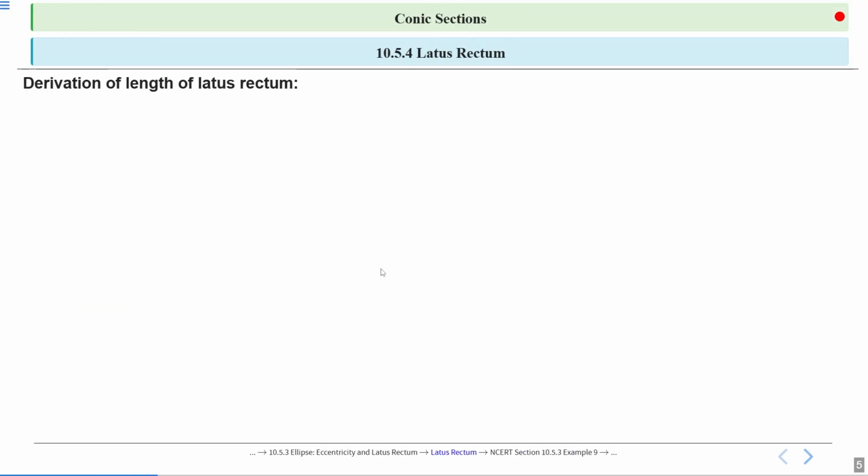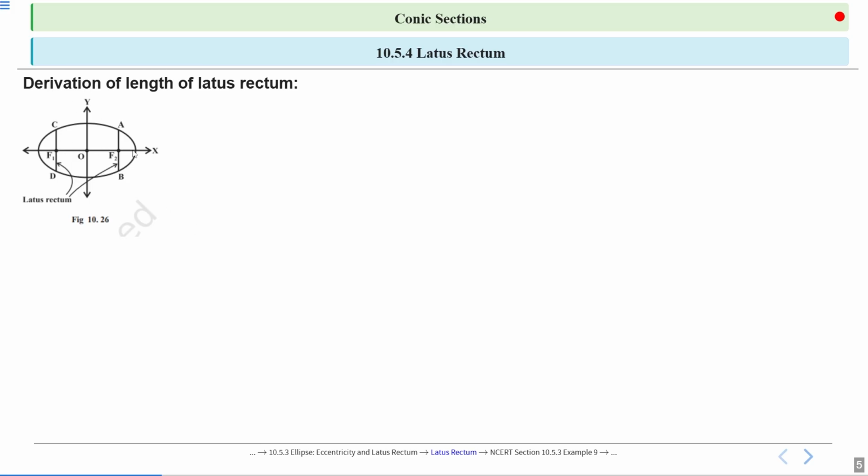Now we will discuss the latus rectum. How to derive the length of the latus rectum for an ellipse, that we will discuss now. See this figure. In this figure you can see these two line segments. These are basically the latus rectum of an ellipse.